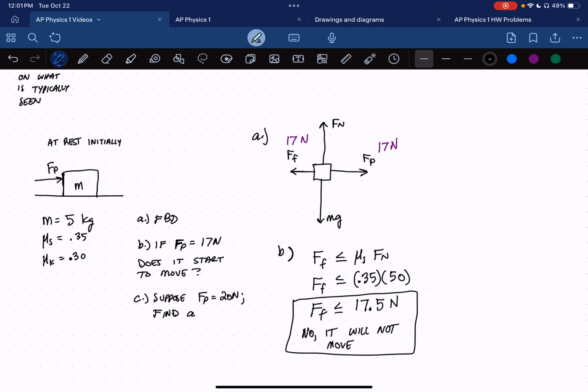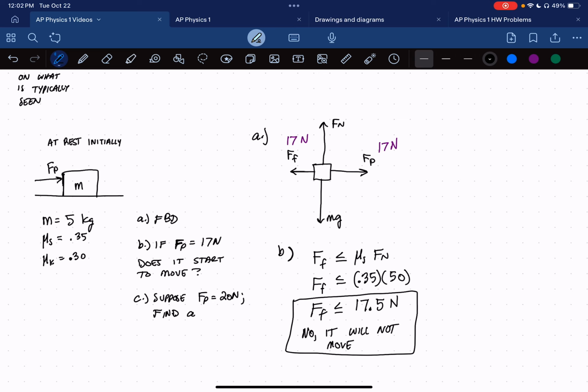If we're pushing with 17 newtons of force, the static friction can go up to 17.5, and it's going to match us and it will not move. So let's think of it this way. What's the minimum amount of force, pushing force, needed to get this object to start moving?